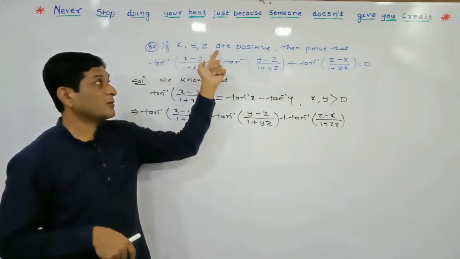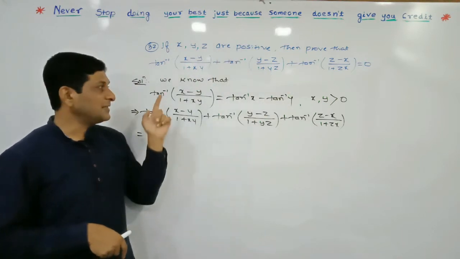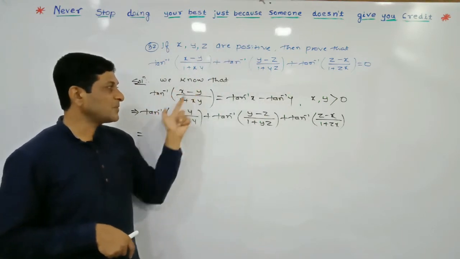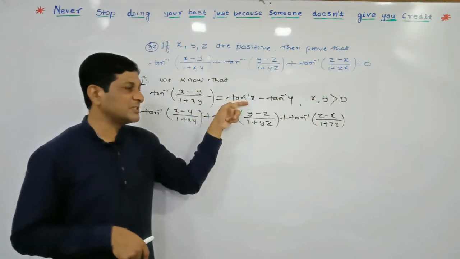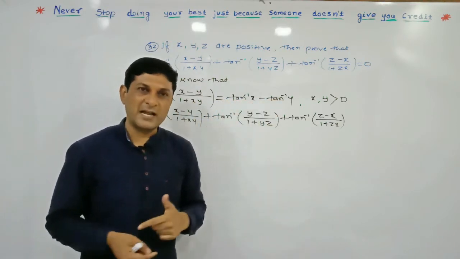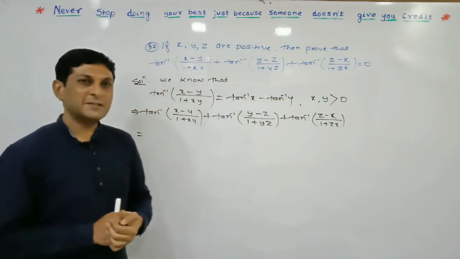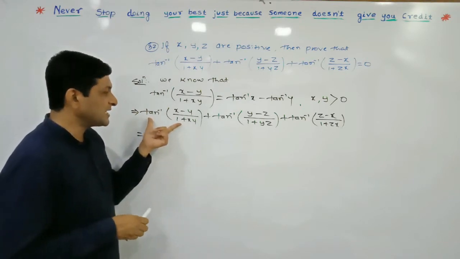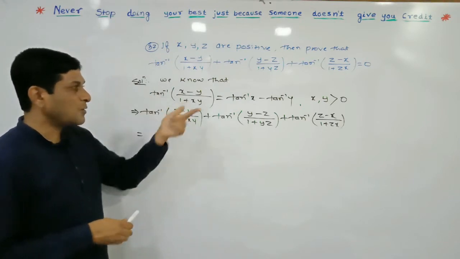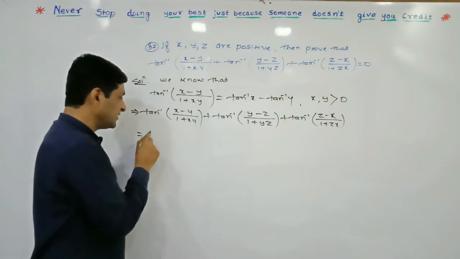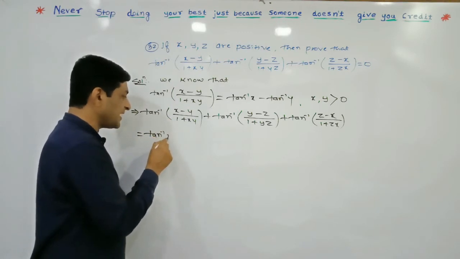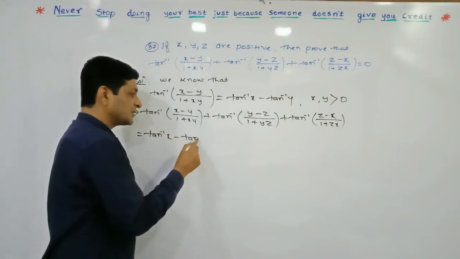To solve this example, we apply the property which we have already proved: if x and y are positive, meaning greater than 0, then tan inverse of x minus y upon 1 plus xy is equal to tan inverse of x minus tan inverse of y. Applying this property, the value of the first term will be equal to tan inverse of x minus tan inverse of y.